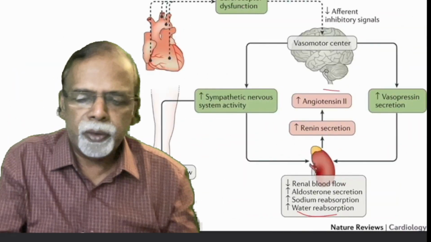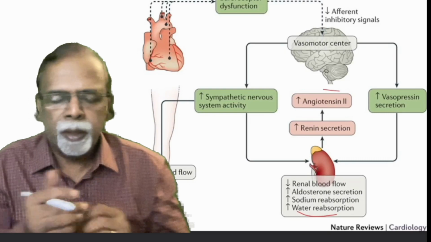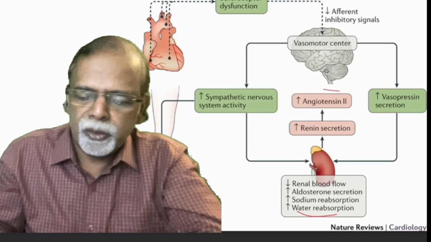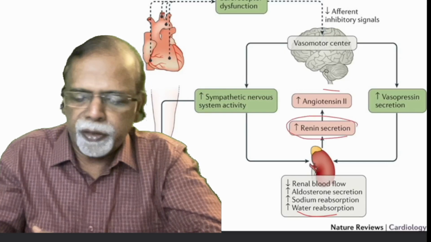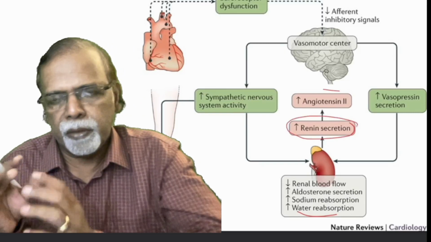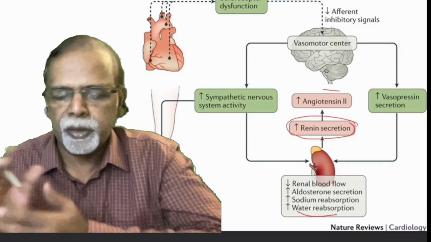Now we go into the renin-angiotensin system. When the sympathetics are stimulated, that will also produce activation of the secretion of renin. So sympathetic nervous system stimulation and renin-angiotensin system is complementary.